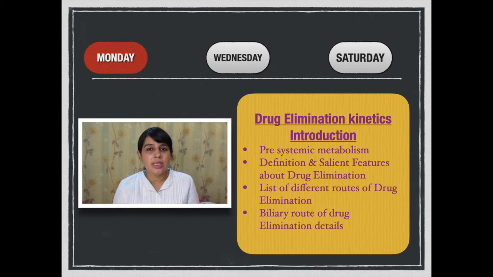Now the definition is the metabolism of the drug as it crosses the absorption site to reach the systemic circulation is known as the first pass metabolism or the pre-systemic metabolism. You can surpass this first pass metabolism by changing the route of drug administration. You can give it sublingually, transdermal, intravenous. That is very good because intravenous has 100% bioavailability.